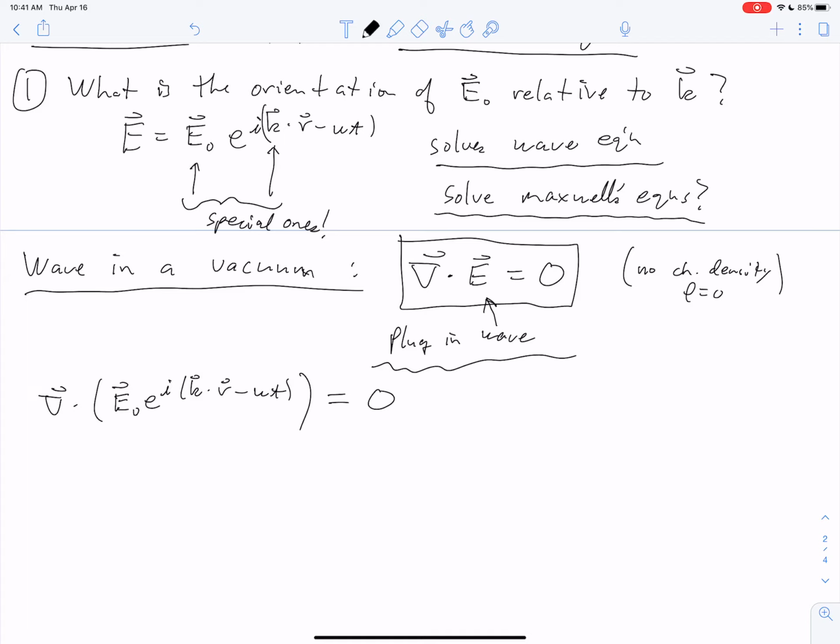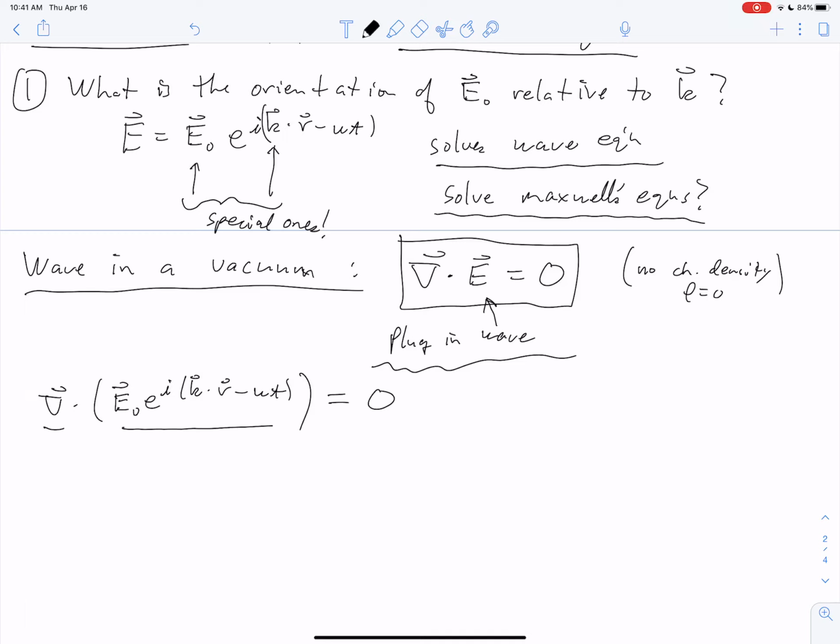Okay, well, let's do it. So what happens when I do del dot this complex exponential? Now you see the power of complex exponentials. It's really simple because since it's an exponential, I can just pull the exponent down.